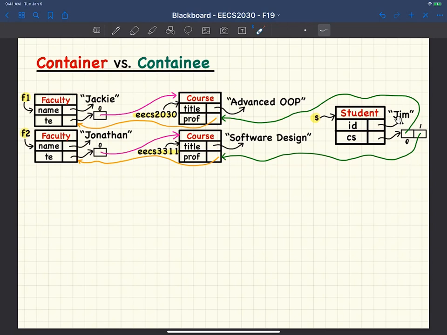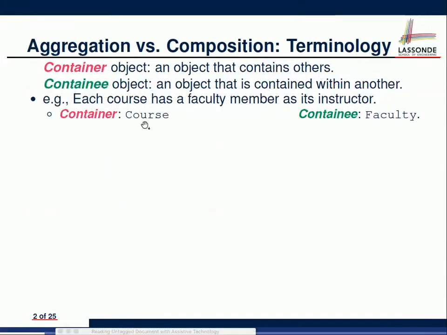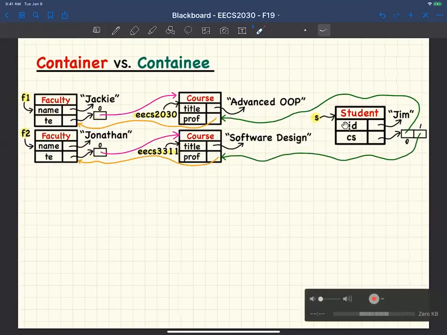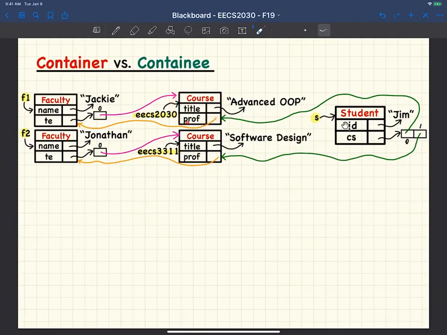Let's see this. First of all, can you see we've got two course objects over here. One is 2030, the other one is 3311. We simply have its title over here for the two courses, right? Two course objects. So now, let me just read the sentence to you again. When I say each course has a faculty member as its instructor, let's say the prof. So now you can see for this particular course, 2030, it has an attribute prof which contains the address of some faculty object.